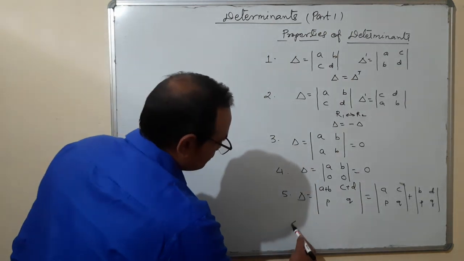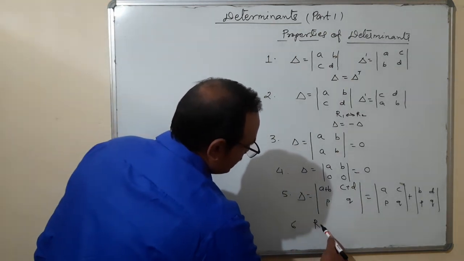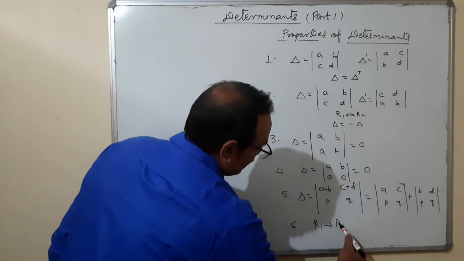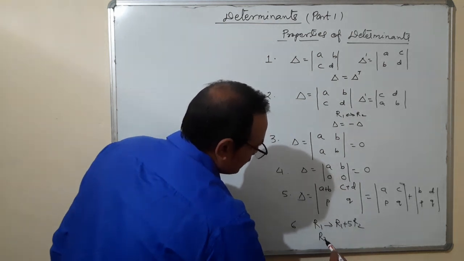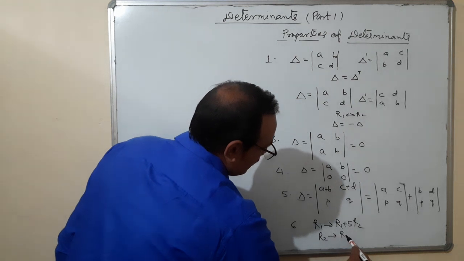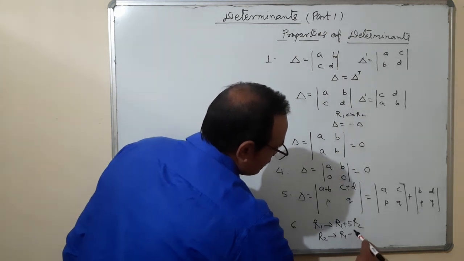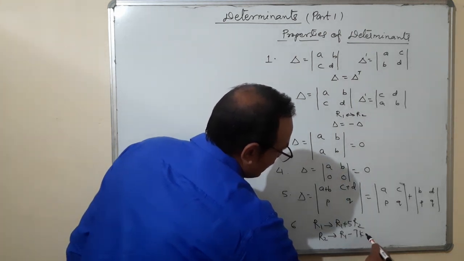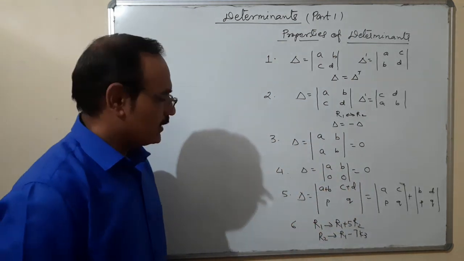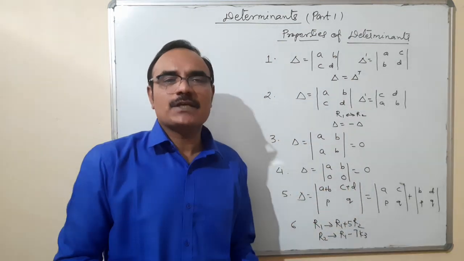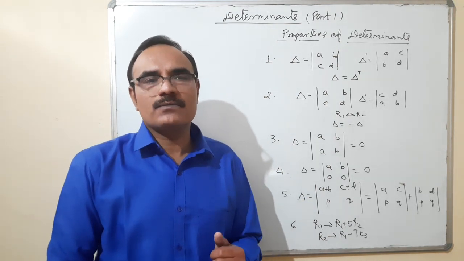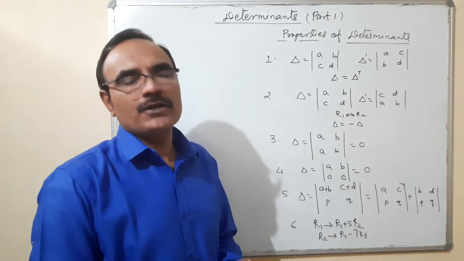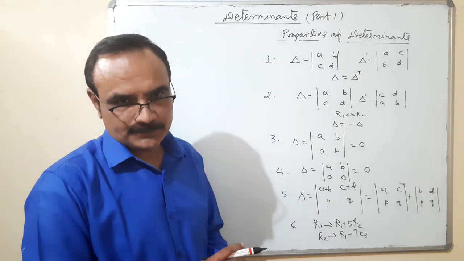Like R1 is replaced by R1 plus 5R2, R1 is replaced by R1 minus 7R3, whatever it is. So any row or any column can be expressed in the form of the sum or difference of two rows or columns with multiplication by a non-zero scalar quantity.